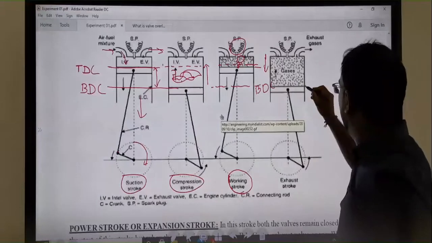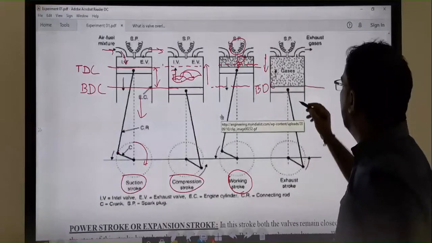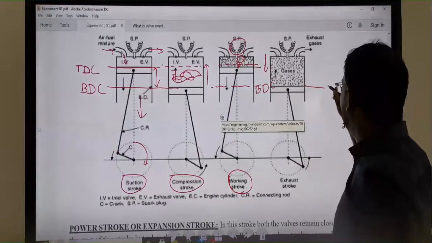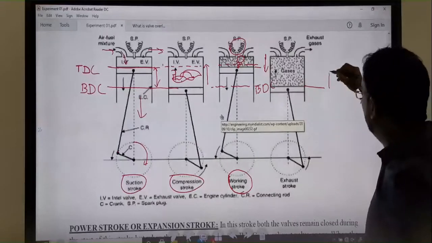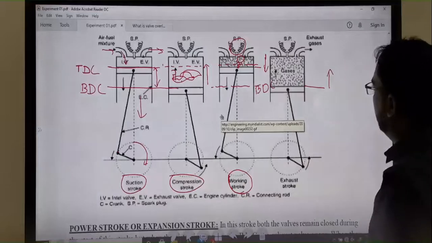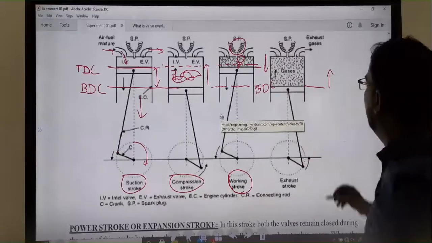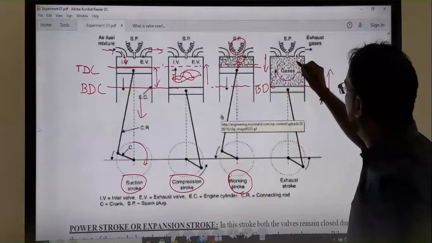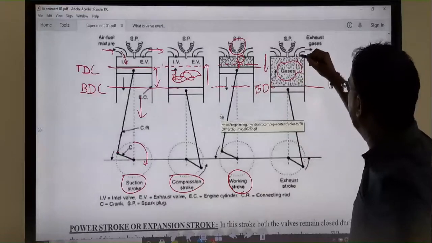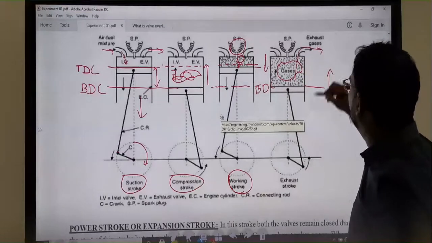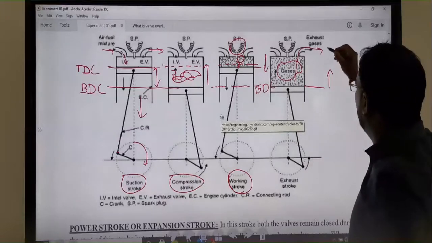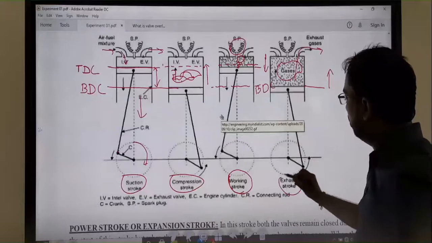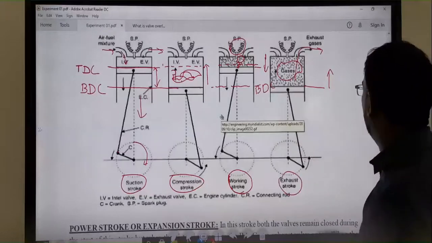Again the piston comes to the BDC line, then starts to move upwards. At that time the useless burnt air mixture exits through this exhaust valve. That process we normally call the exhaust stroke.